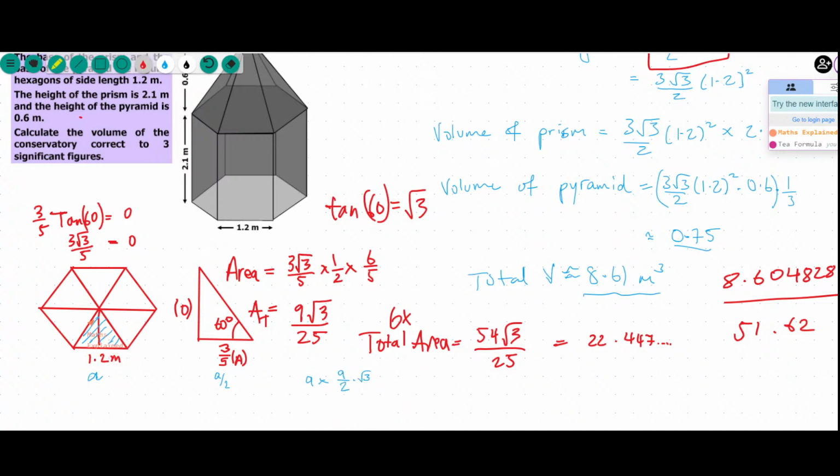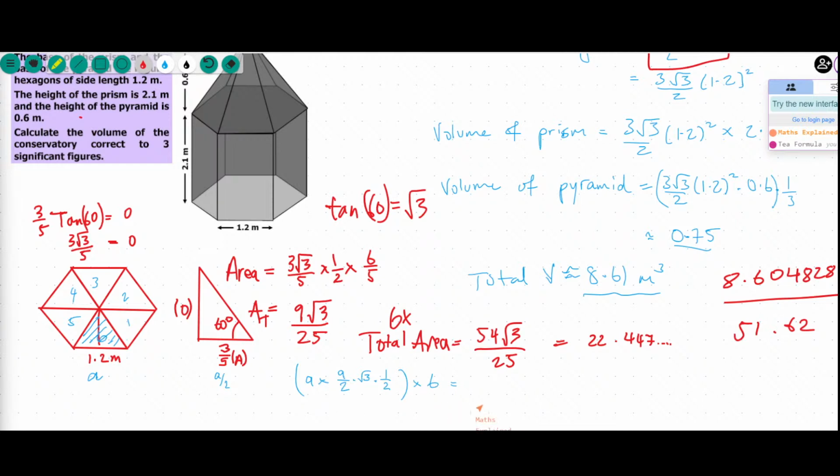And then we have 6 of those. So the base times the height, divided by 2. And then we have 6 of those triangles. 1, 2, 3, 4, 5, 6 times 6.